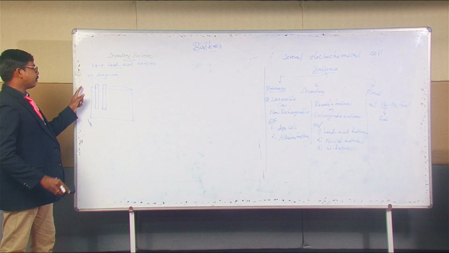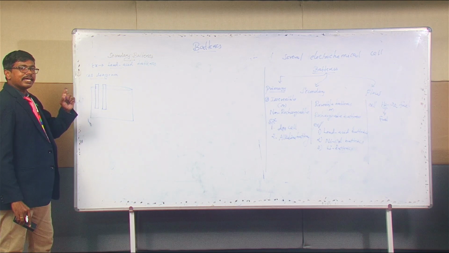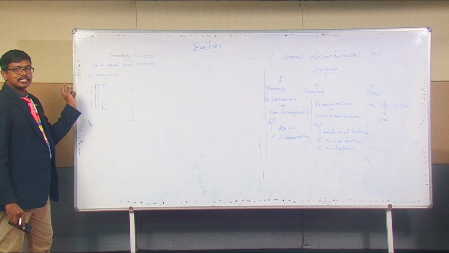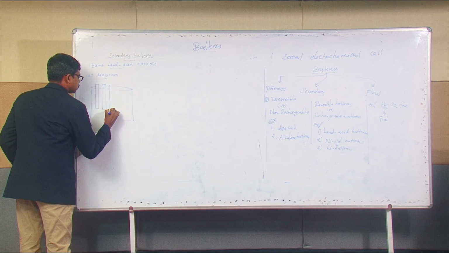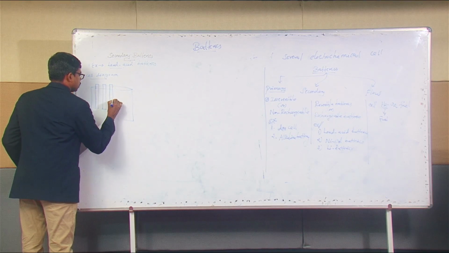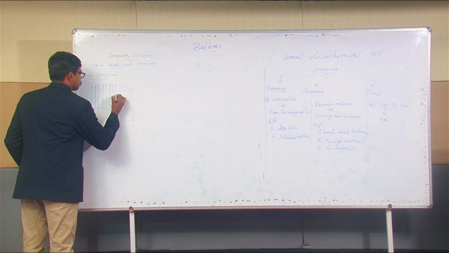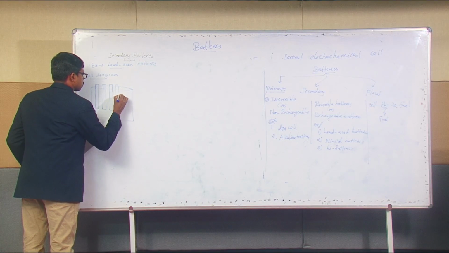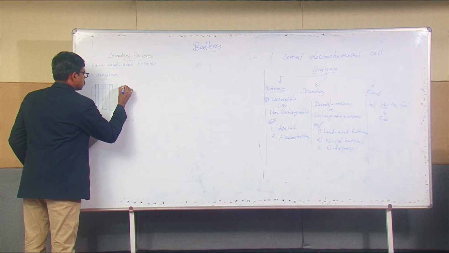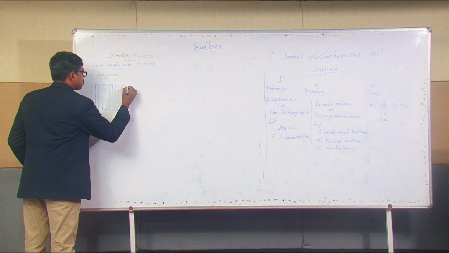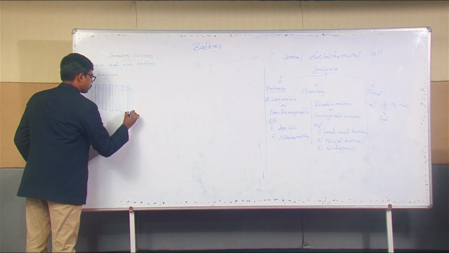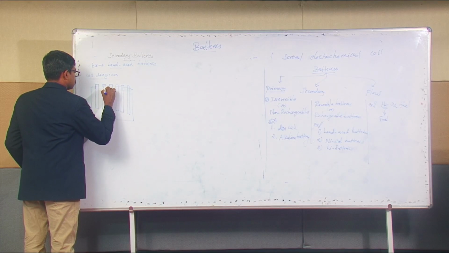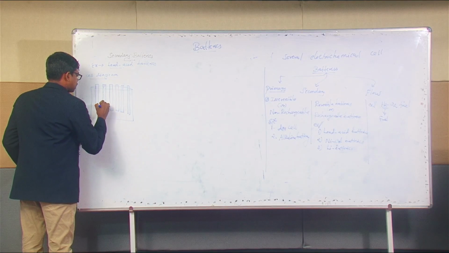One is an anode and one is a cathode. I take three sets of electrodes connected in series, separated by insulators. This is an anode, this is a cathode.